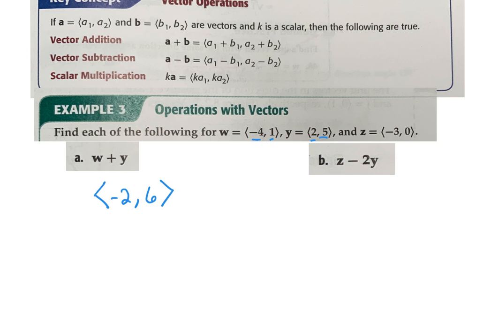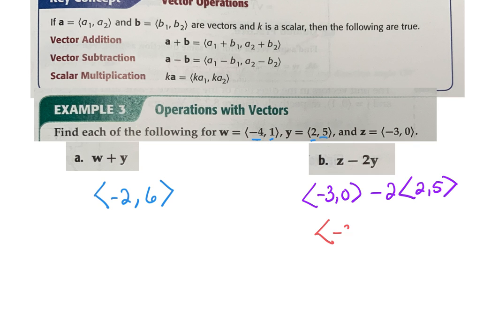If I'm going to do something like b, you're going to do basically order of operations. So you have your z minus your 2 times your y. Order of operations says I need to apply the parentheses first, right?